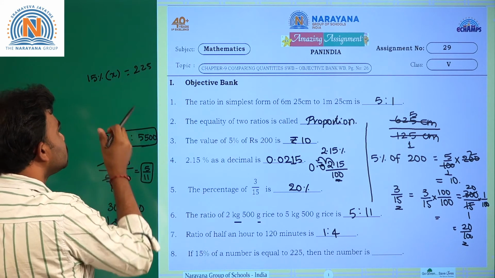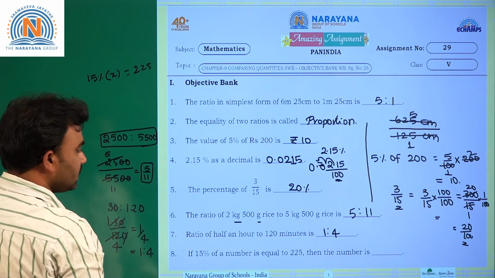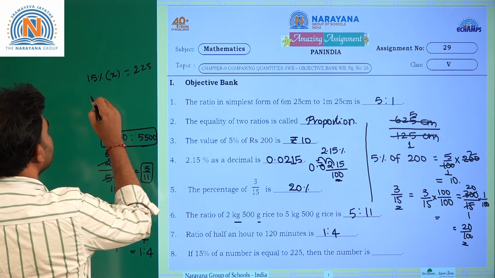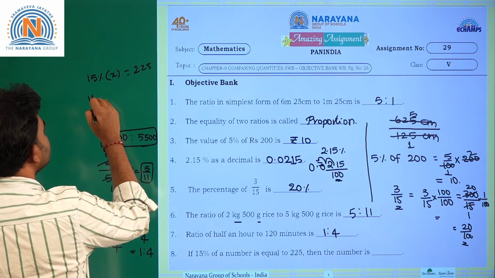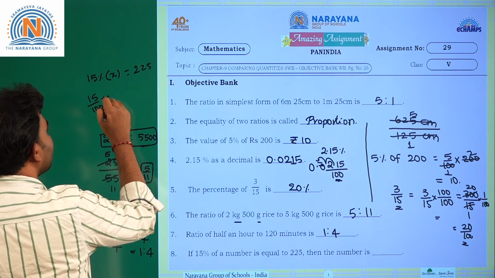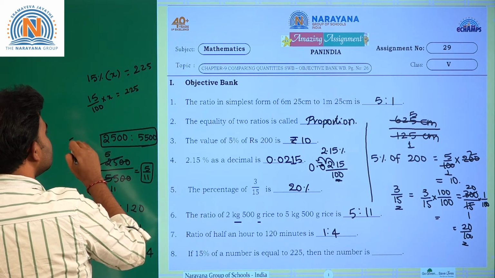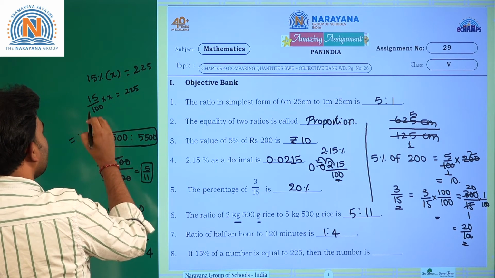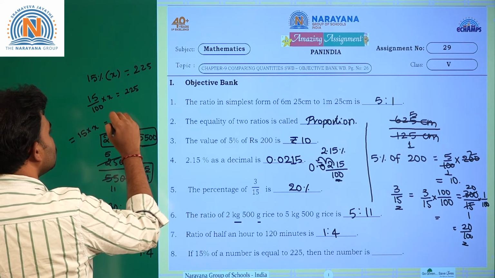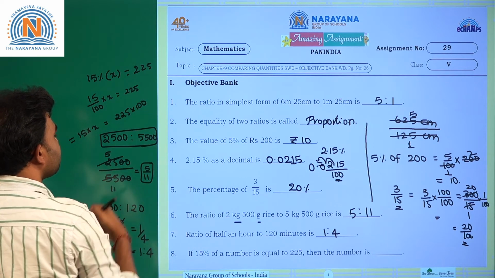Now 15% can be written as 15 by 100 into x is equal to 225. Now 15 into x is equal to 225 into 100.